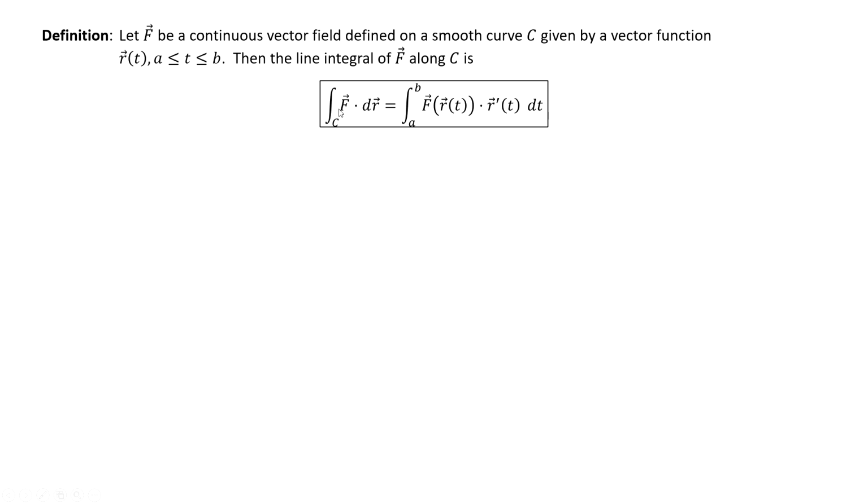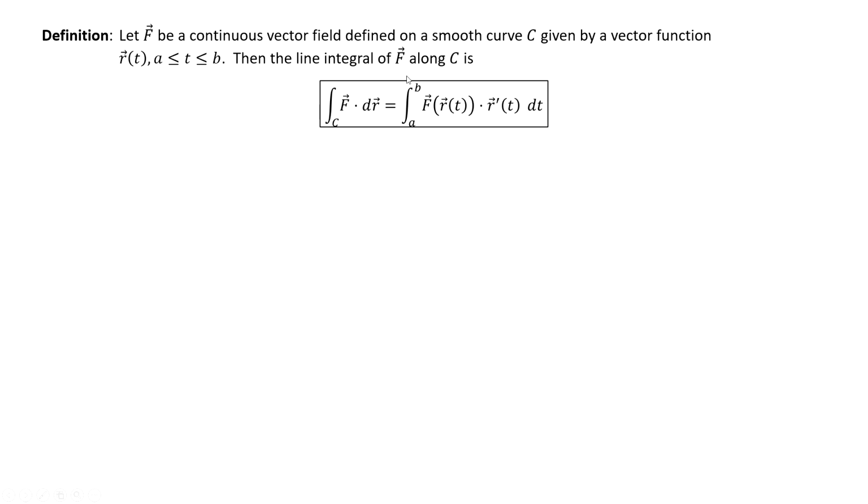In other words, we have to evaluate F as F of r of t, the composite function, dotted with r prime of t dt. What? Where'd you get that from, man? Well, would you agree that dr/dt is the same as r prime of t? So multiply both sides by dt. So dr is nothing but r prime of t dt. That's all we did here.